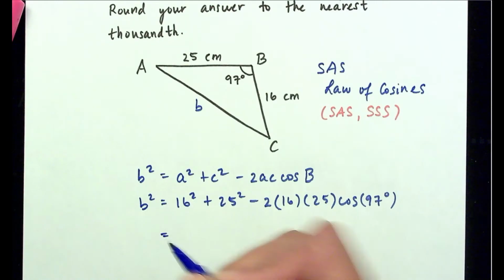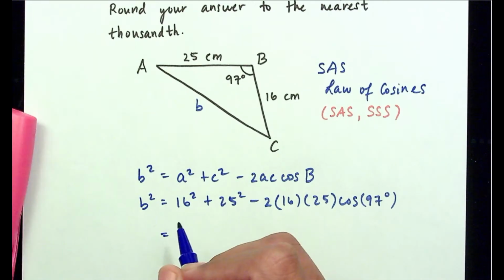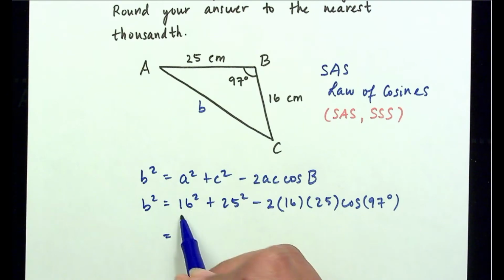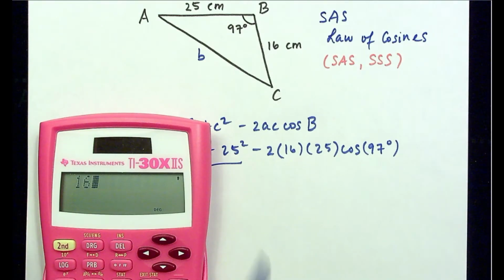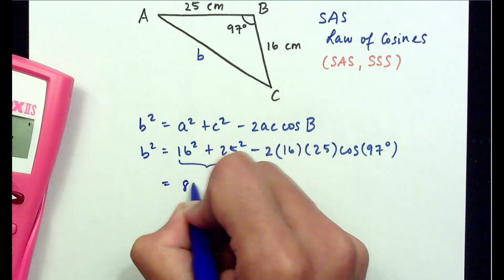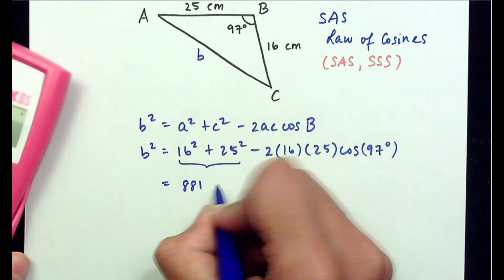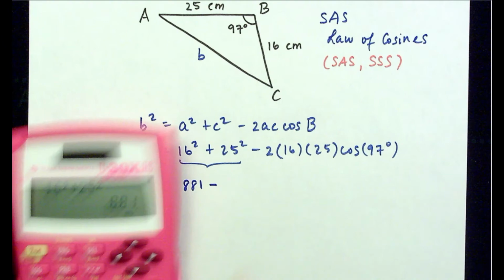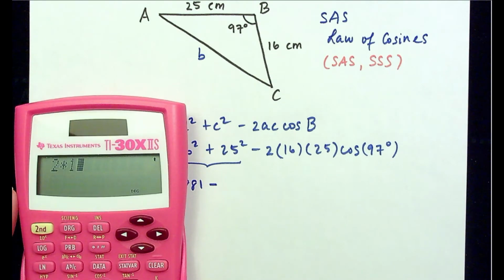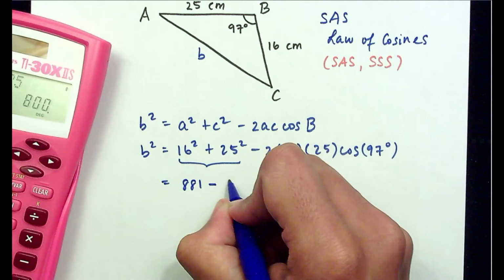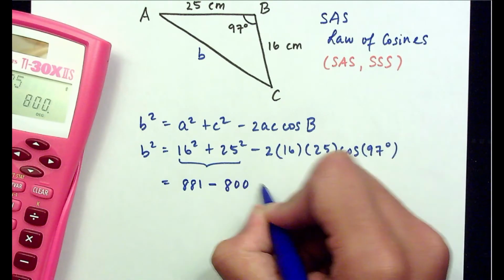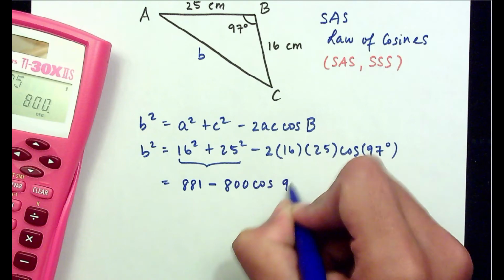Okay, now let's see what these two are. What is 16 squared plus 25 squared? 16 squared plus 25 squared, that is 881 minus, now let's put this part in there, 2 times 16 times 25, that is 800, cosine of 97.